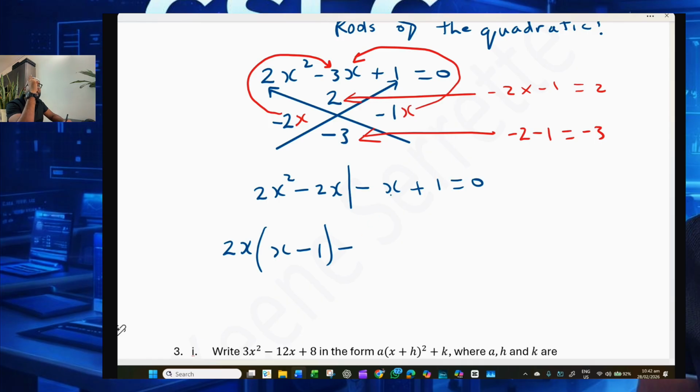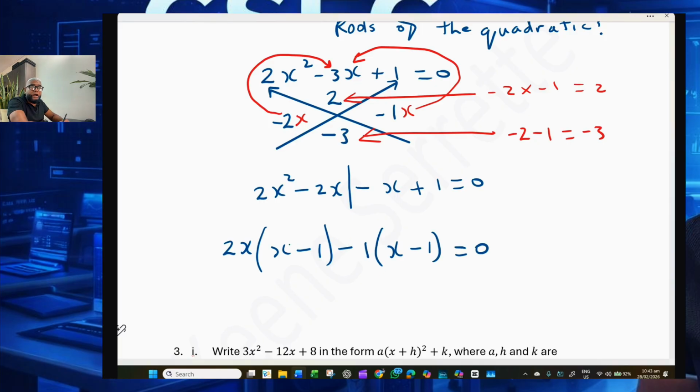The only thing that could go into x and 1 would be 1. Negative 1 into negative x gives positive x, and negative 1 into positive 1 gives negative 1. This equals 0.